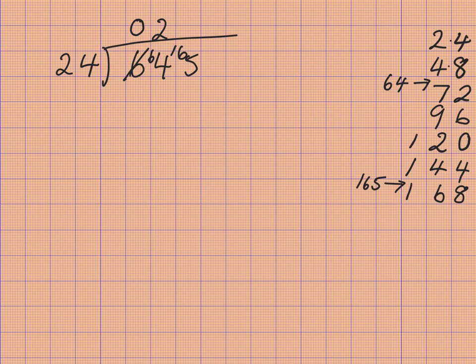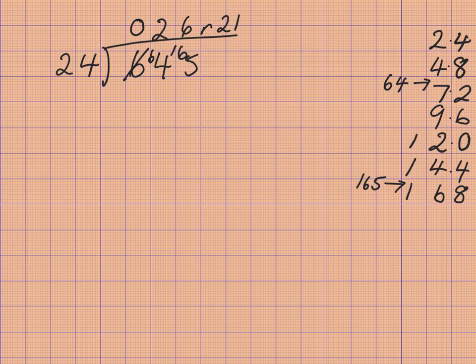So that's 1, 2, 3, 4, 5, 6. 6. 165, take away 144: 165 take away 160 is 65, take away 40 is 25, take away 4 is 21. So remainder 21. So that's the short division method.